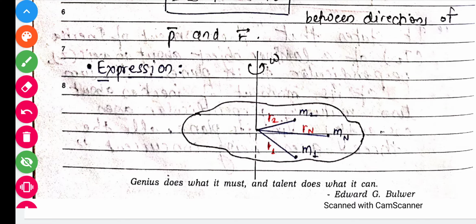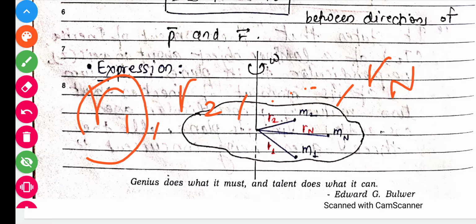Now another quantity written here is r1, r2, and rn. What is r? As I have told you, r is the position vector from the axis of rotation to the position of that particle. This position is r1, the position of the second particle is r2, and up to the nth particle, that is rn.